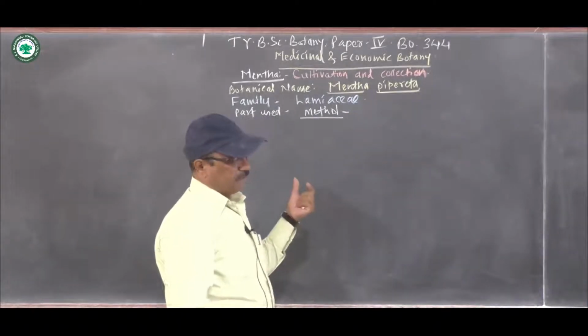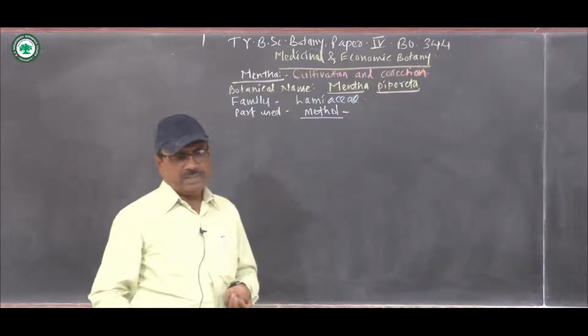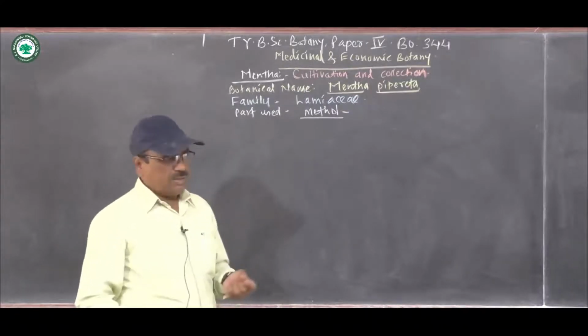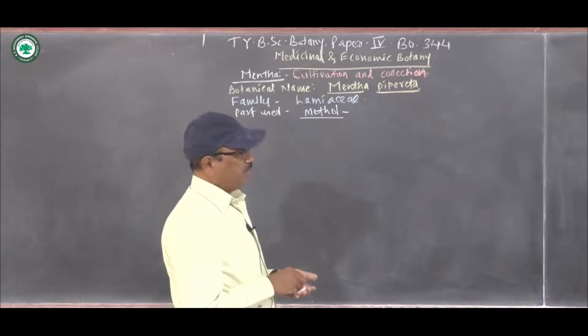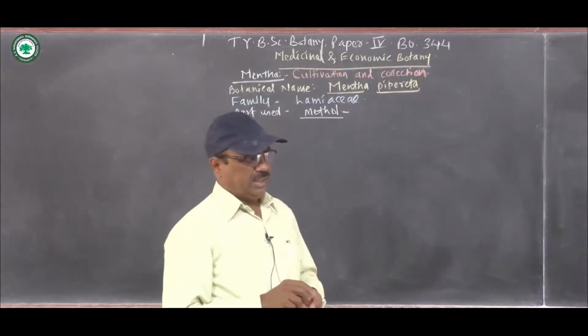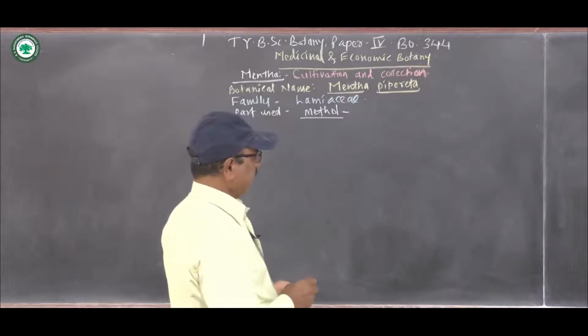This plant is very aromatic due to the presence of this volatile oil, and so it is cultivated throughout India.